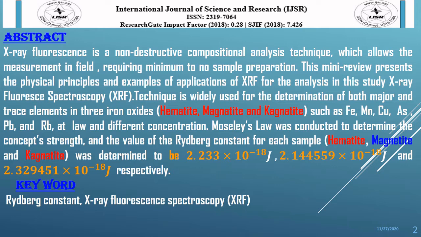It was determined to be 2.233 times 10 to the power minus 18 joule, and 2.144559 times 10 to the power minus 18 joule, and the last one 2.329451 times 10 to the power minus 18 joule, respectively.